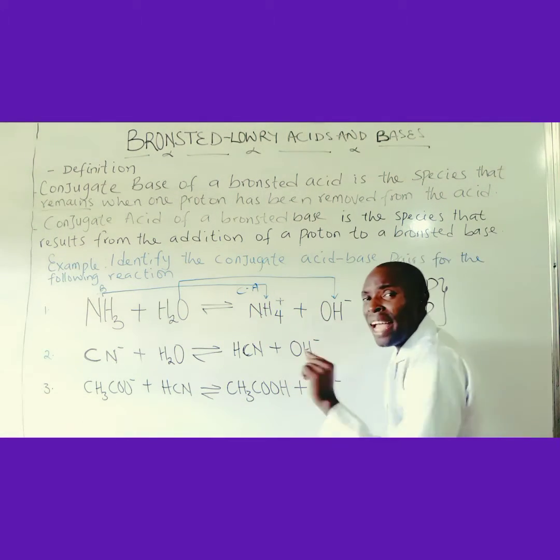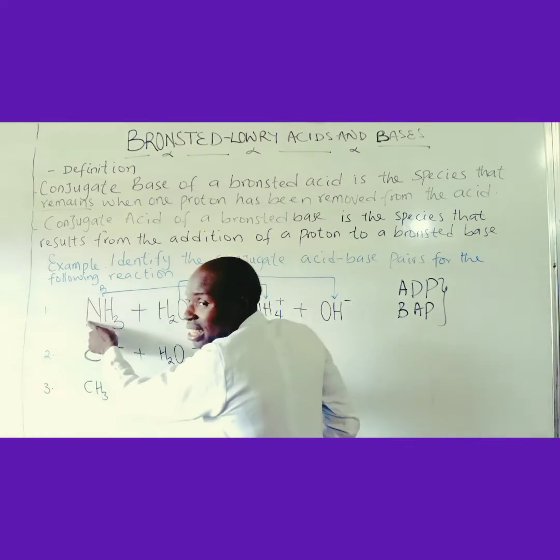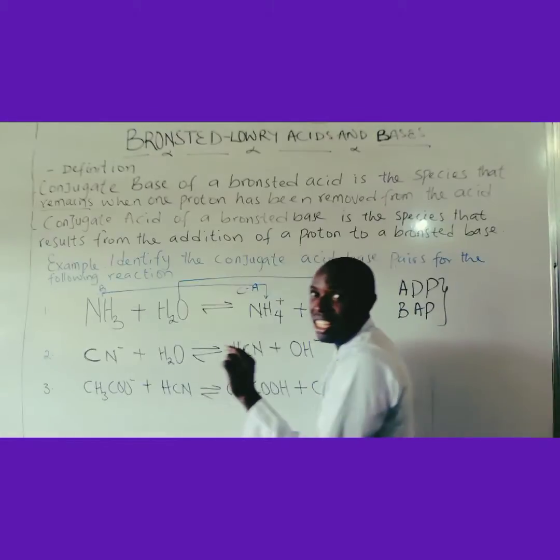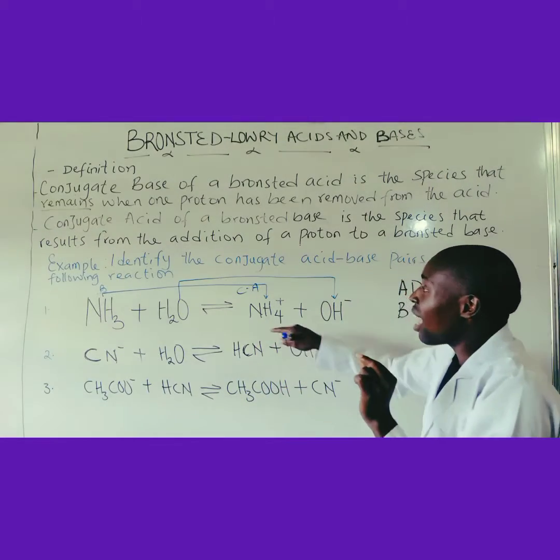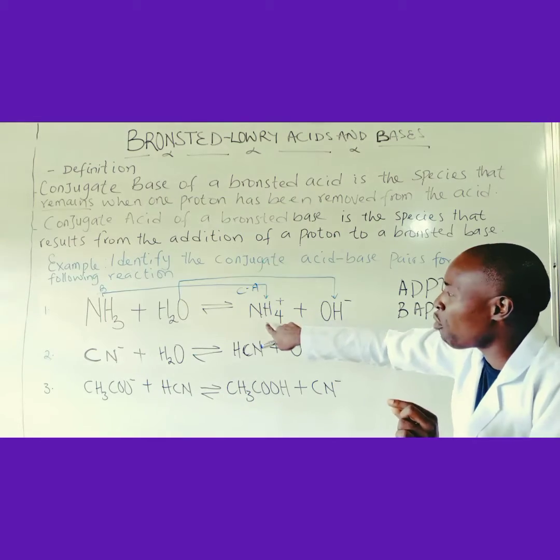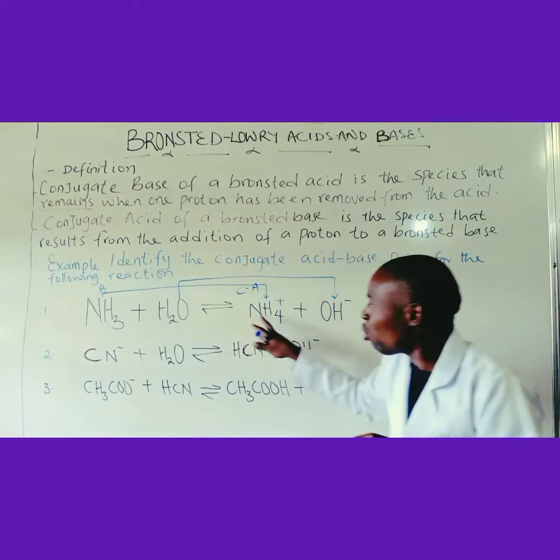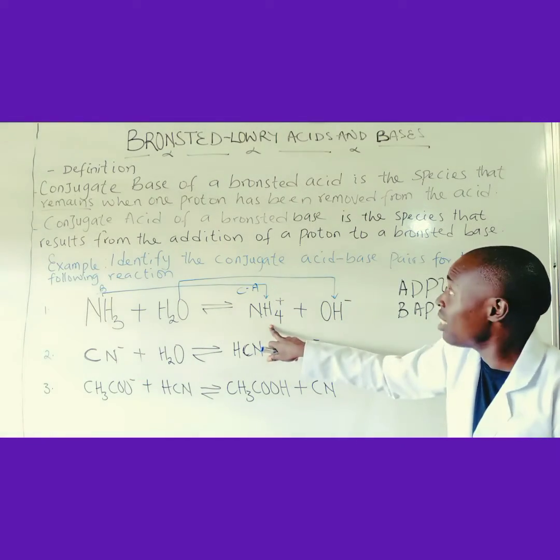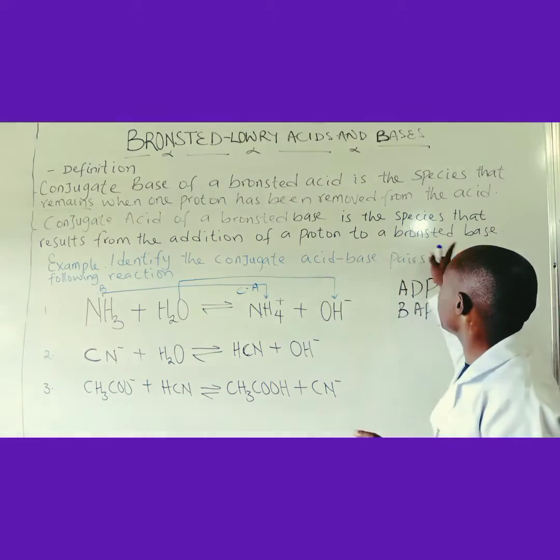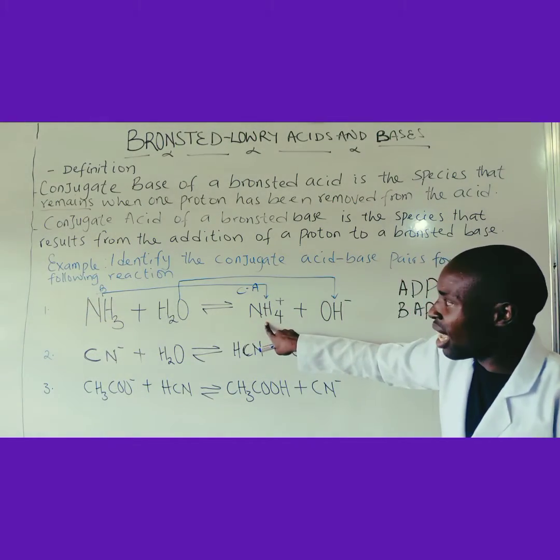How? Remember I've told you that a conjugate acid of a Bronsted base is the species that results from the addition of a proton. Look at it now. Here I was having a base, and there was an addition of a proton to this one. Meaning when we add a proton to this base, we get a conjugate acid.